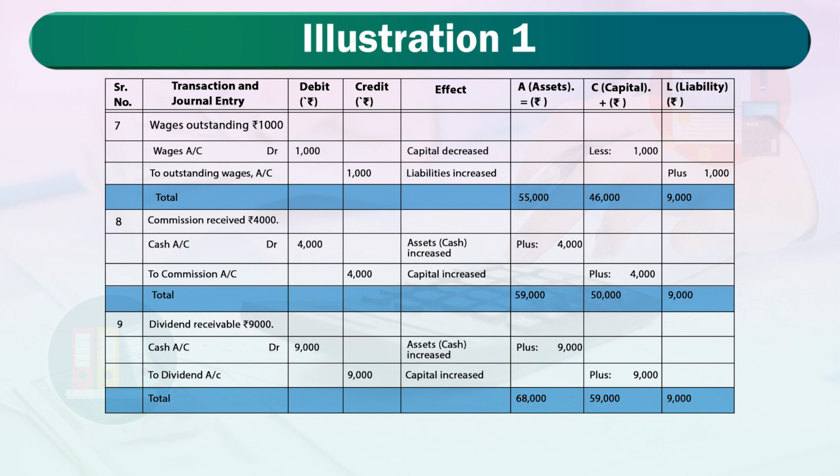So we are adding to the asset side by the amount of 9,000 and dividend is our income. So income is always added to the capital. So capital is also increased by the amount of 9,000. Now the accounting equation is 59,000 of assets plus 9,000 of cash received. It makes total assets 68,000 equals the capital of 59,000 plus liability of 9,000 rupees.